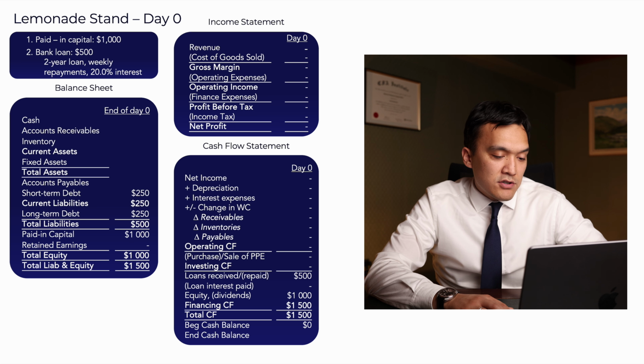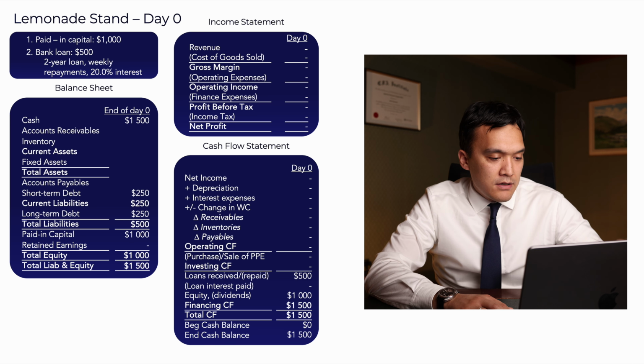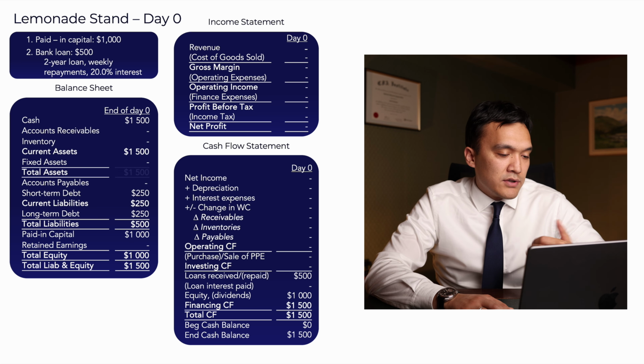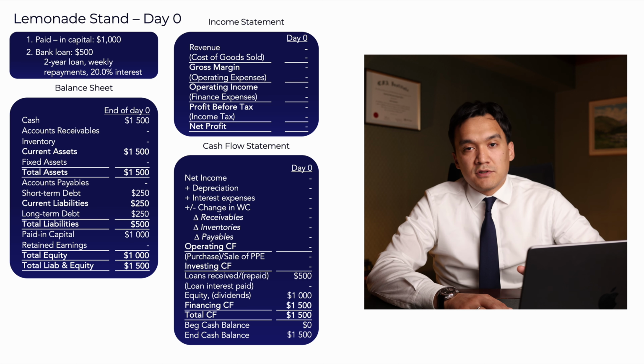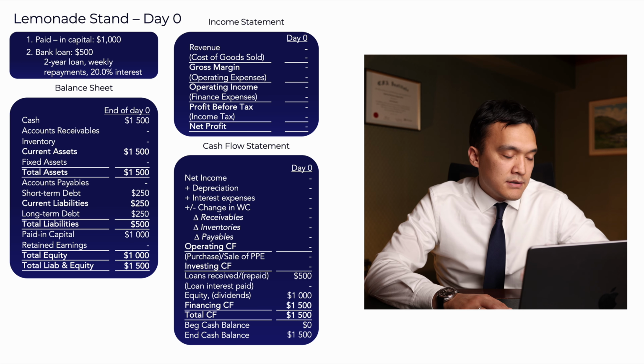So beginning cash balance of $0 plus total cash flow of $1,500, we have an ending cash balance of $1,500. So on the balance sheet we have cash of $1,500, we don't have any receivables, inventories or fixed assets, so our total assets are $1,500. So as you can see, we have total assets of $1,500 and total liabilities and equity of $1,500. We have a balanced balance sheet.